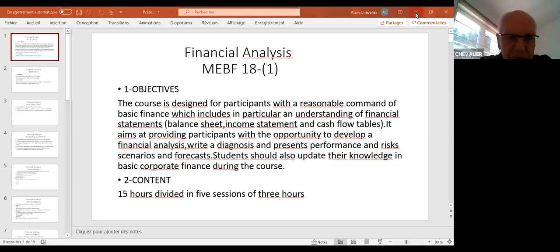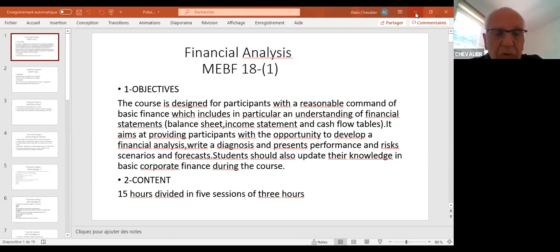Point 2, we went through basically presentation of financial analysis. Why do we do that? Who is doing that? How? We went through 6 or 7 slides through the basic methodology, underlying the different steps, and this is what you should use as a methodology in your assignment homework on biotechnology.